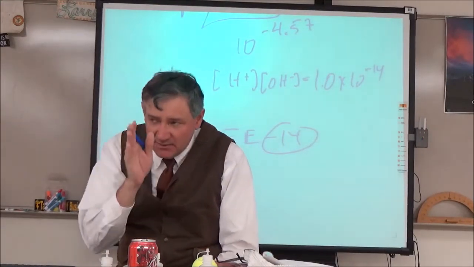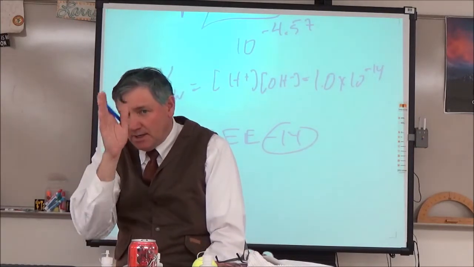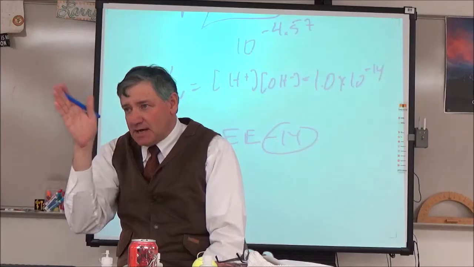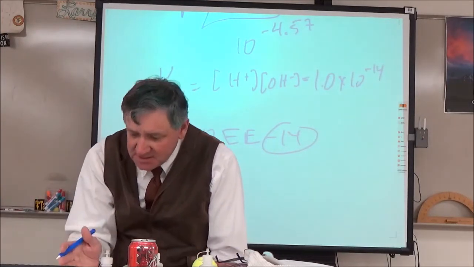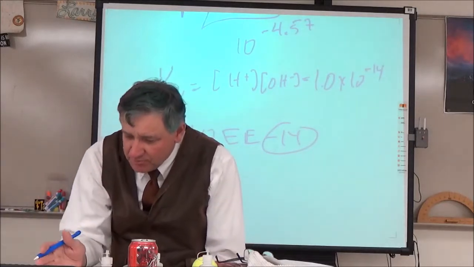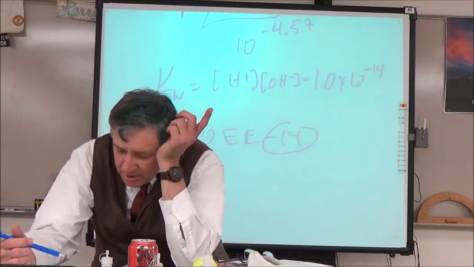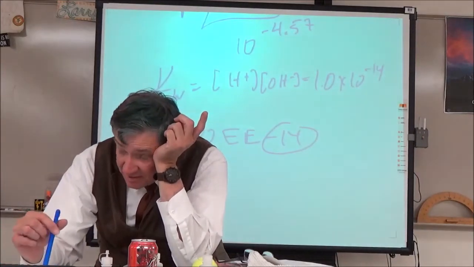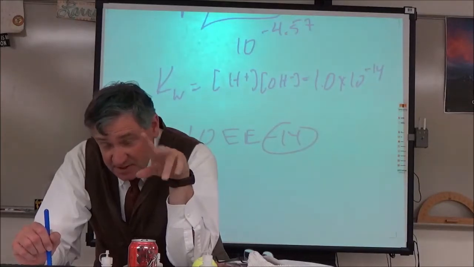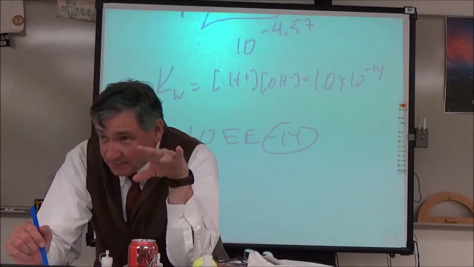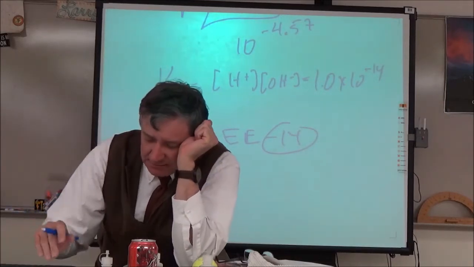So instead of punching in times 10, type in 1.0, hit that EE key, and then type in negative 14. Divide that by the hydroxide ion concentration. Boom, there's your hydronium ion concentration. On that one with the hydroxide ion concentration, if all goes well, your pH should be somewhere between 9 and 10.